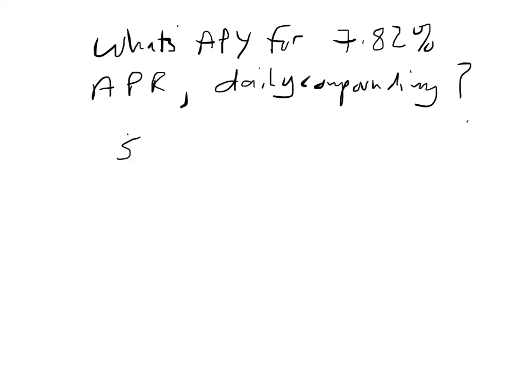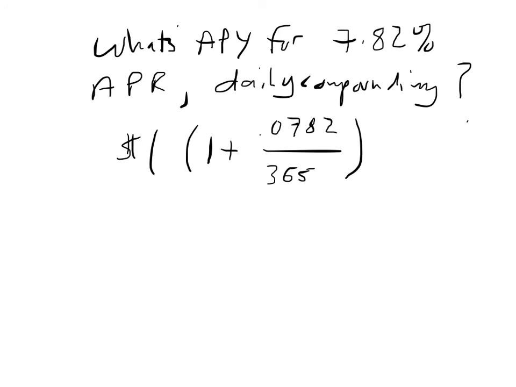So then I'm going to take, just for illustrative purposes, $1, and you're going to have 1 plus the rate, which I'm going to write as a decimal, 0.0782, over the number of compoundings, which were daily, 365. Raised to the 1 year, we're going to have 365 compoundings.